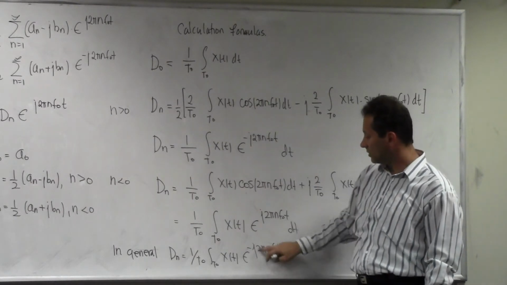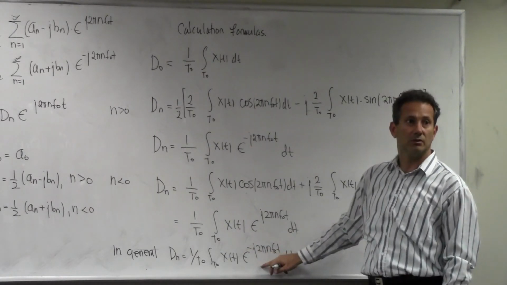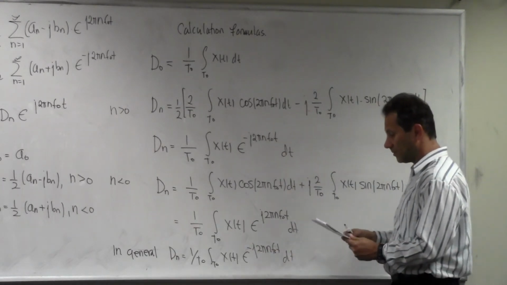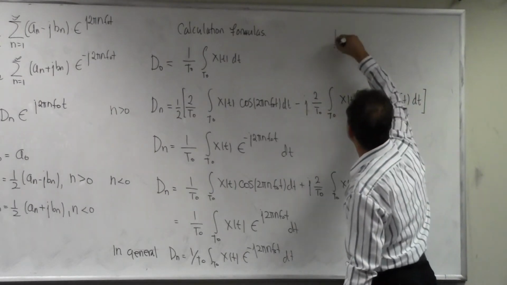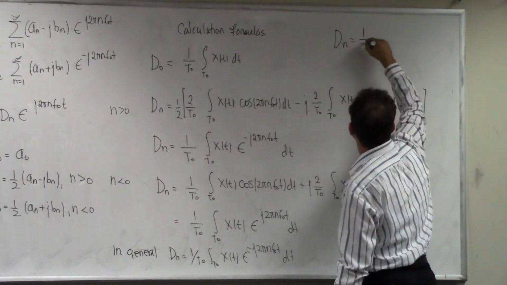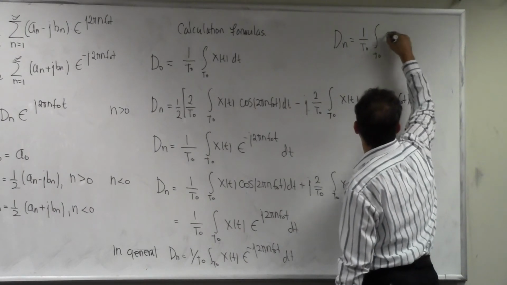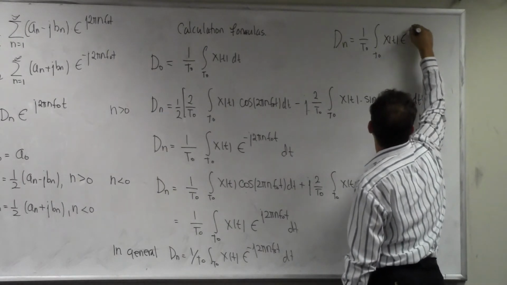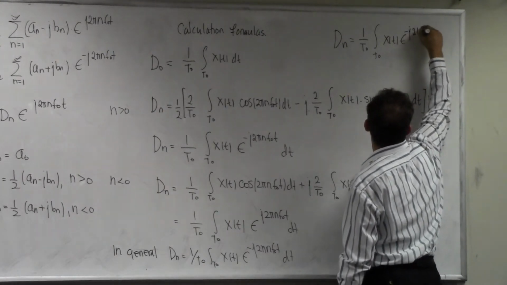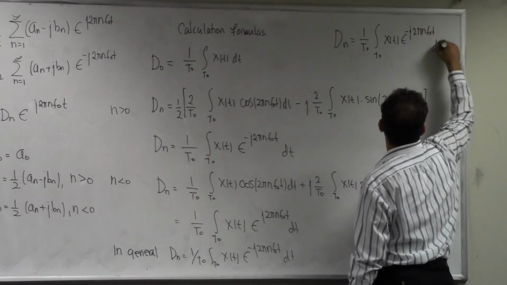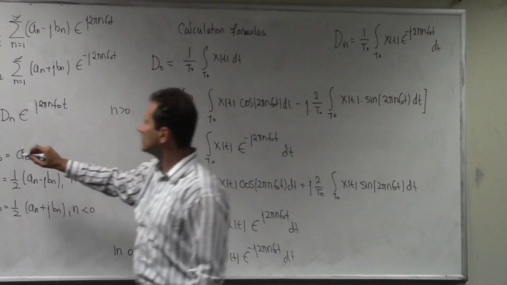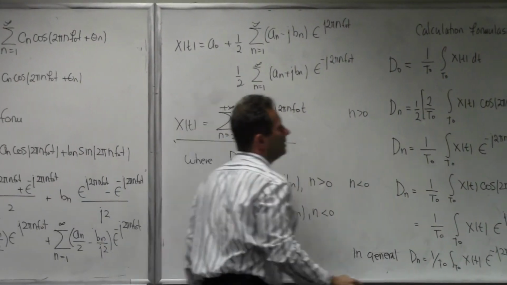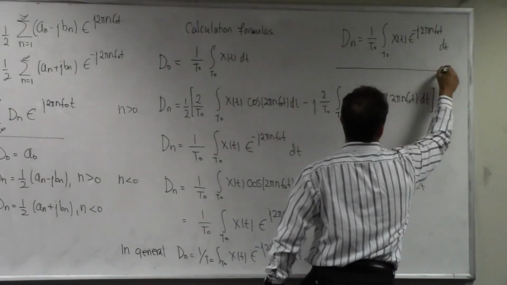Because if n is equal to 0, this e to the 0 is equal to 1, and you essentially end up with a single calculation formula, saying that dn is equal to 1 over T0 integral over T0 x of t e to the minus j 2 pi n f0 t dt. So x of t is equal to this, and dn is calculated based on this thing here.